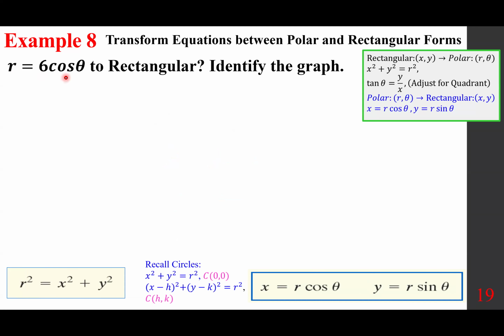In this case, r is 6 cosine theta, and we want to take it to the rectangular format and identify the graph. So, reminding everyone of what was discussed previously, the relationship between the two formats and circles we are supposed to know.